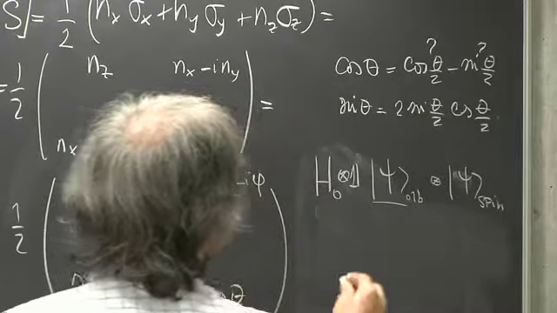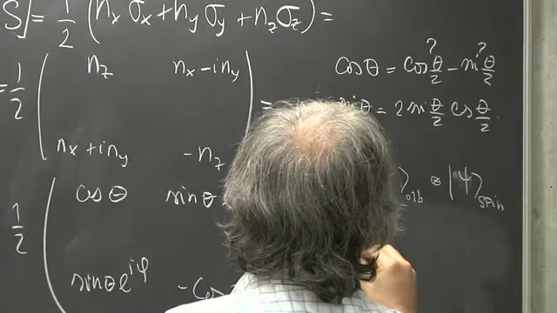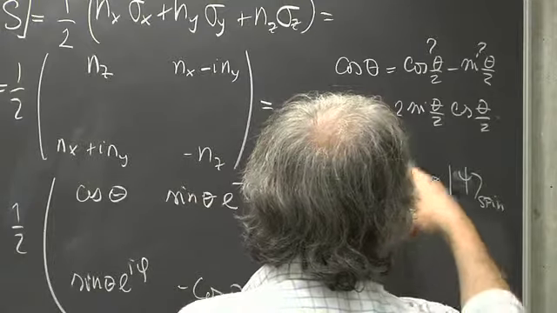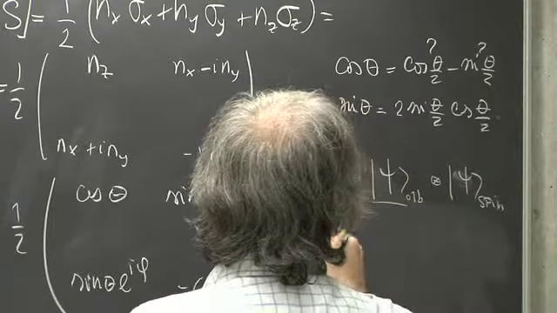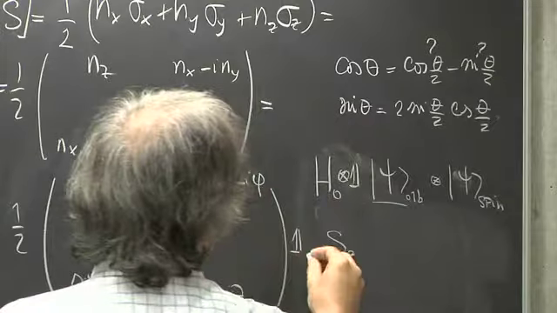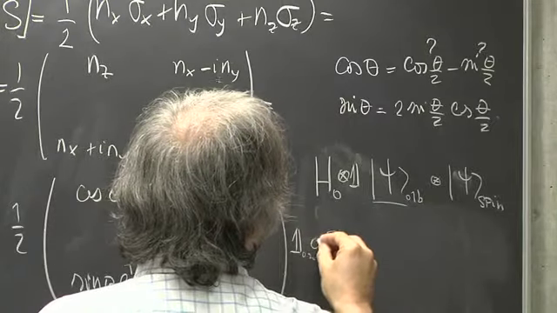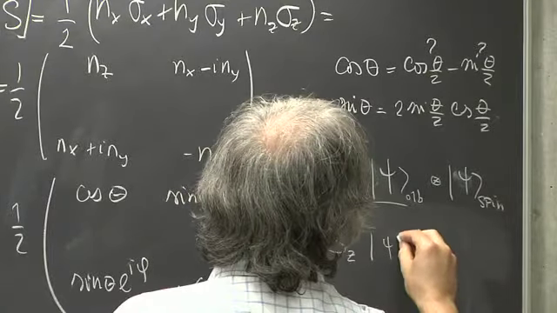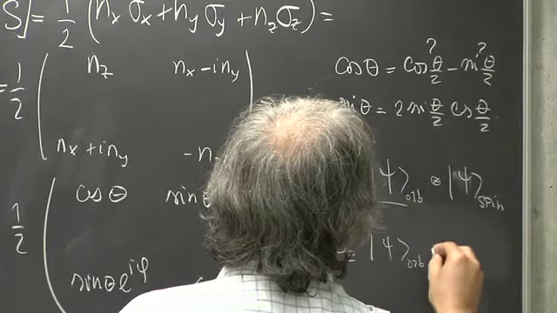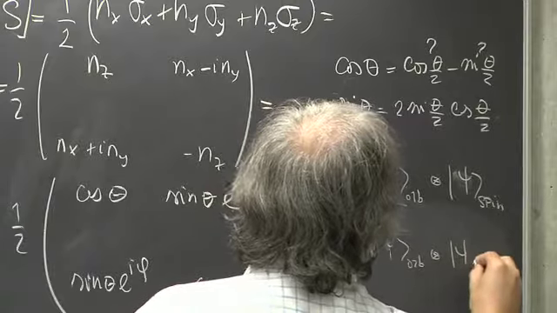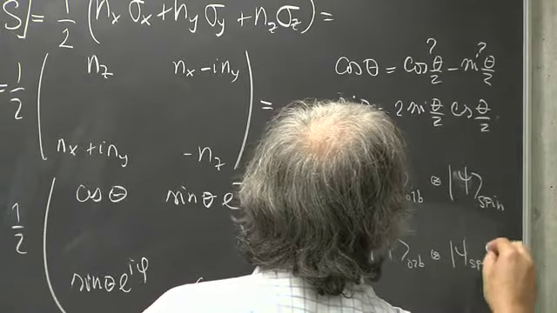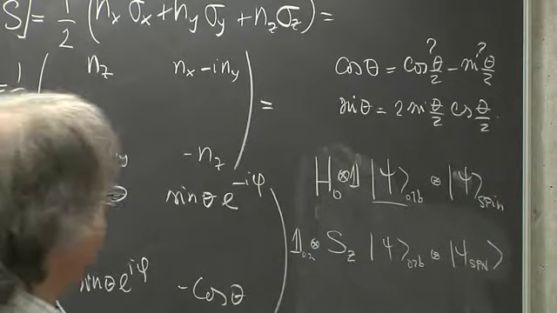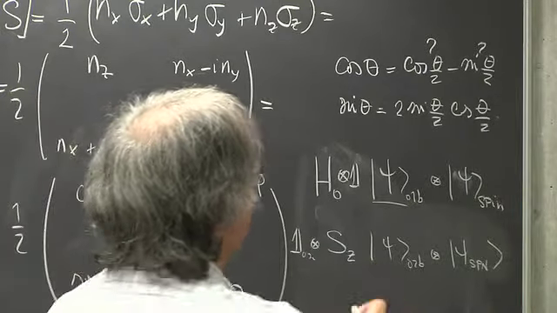In a similar spirit, when I say the spin, for instance S_z, acting on a state like this, it means the unit operator for the orbital part times S_z for the spin part. So hopefully this is clear to you. The spin doesn't care about the orbit, and vice versa.